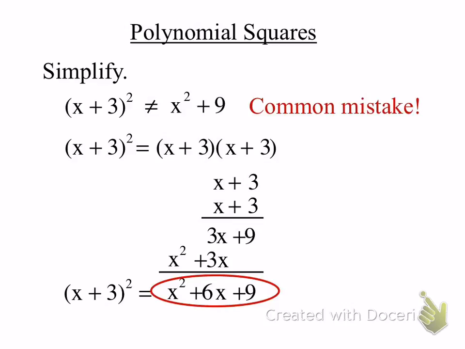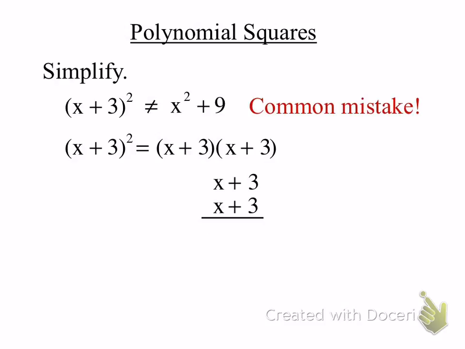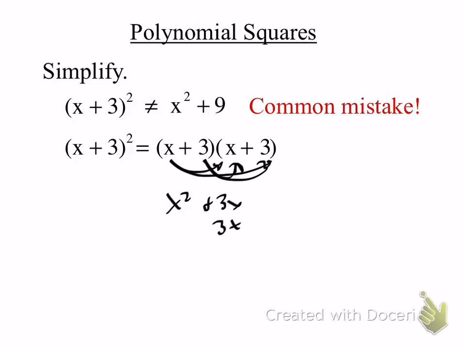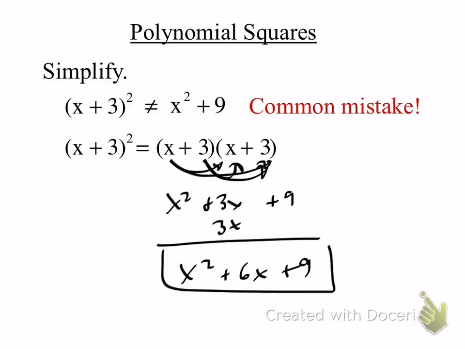And so really, the quantity x plus 3 squared equals, again, remember I'm doing x squared, 3x, plus 9. We get x squared plus 6x plus 9. Okay, questions? All right, moving on.